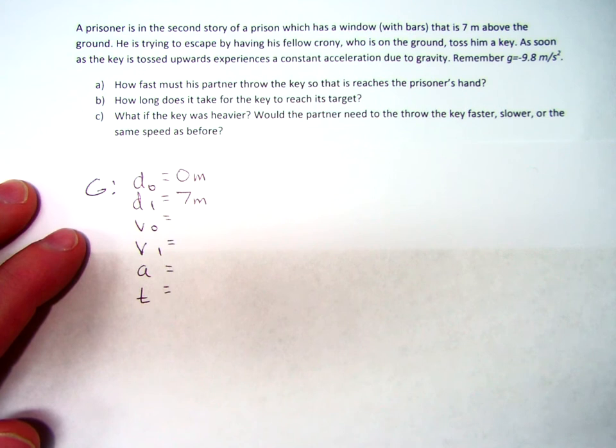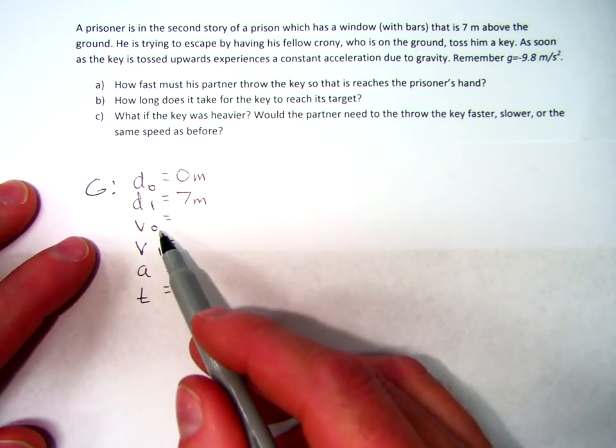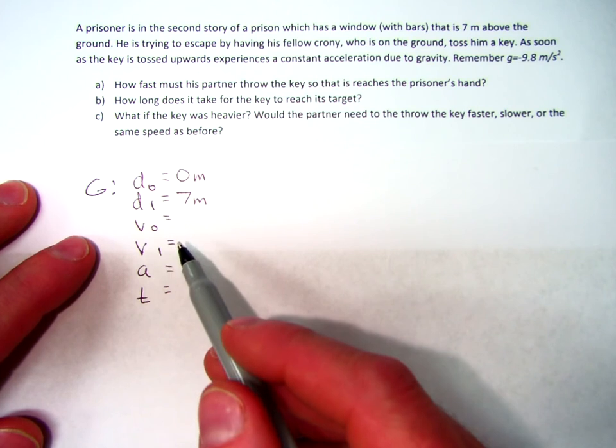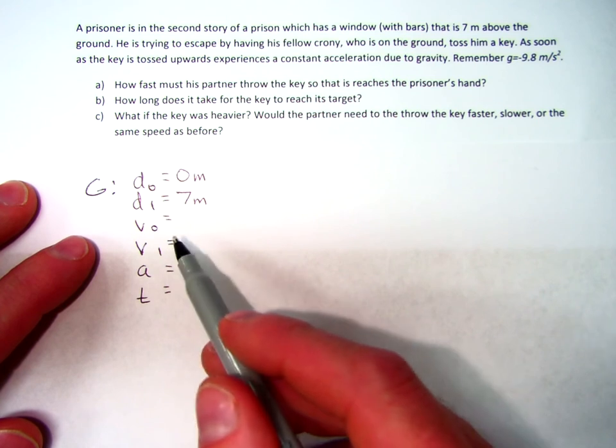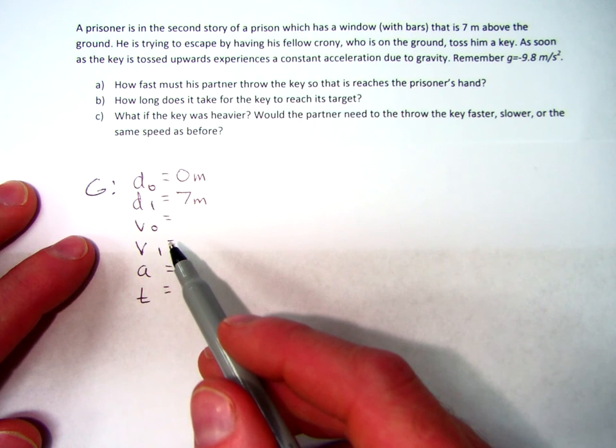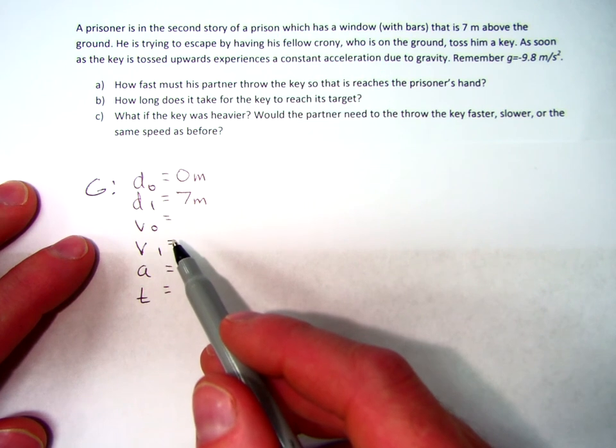It says, as soon as the key is tossed upward, it experiences a constant acceleration due to gravity. So it's given some initial velocity. This problem begins when the key leaves the fellow prisoner's hand, so we're not dealing with the prisoner pushing. This is not a mechanics problem where you're applying forces. This is only a motion problem.